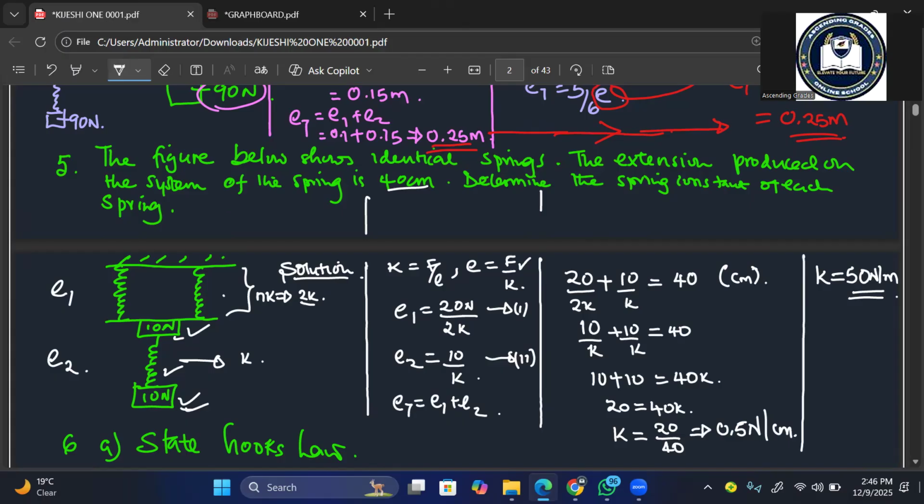Now we can get to question 6. State Hooke's law.